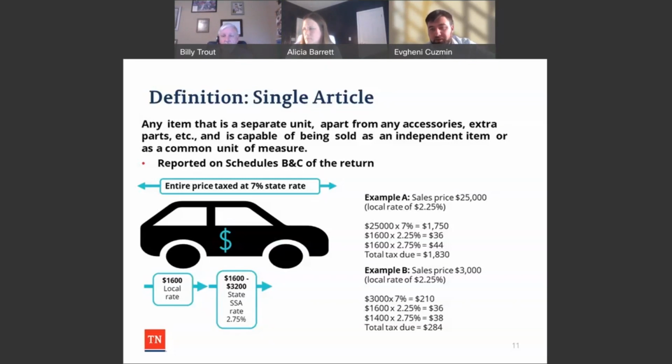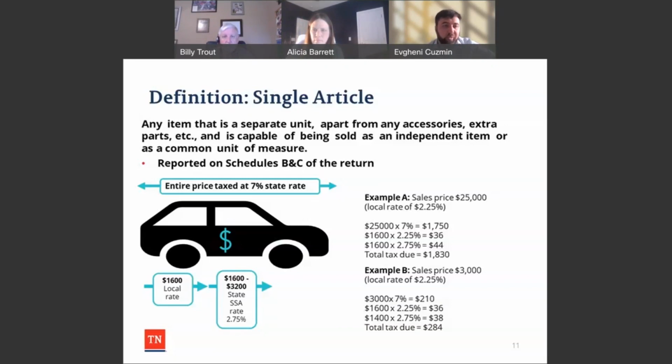If something is, let's say, $1,700 or $2,000, it could be subject to single article limitation, and you would apply that single article tax rate on the amount of money over $1,600. So in a case where something costs $2,000, you would pay a local rate on the first 1,600, and then you would pay state single article tax on the $400.